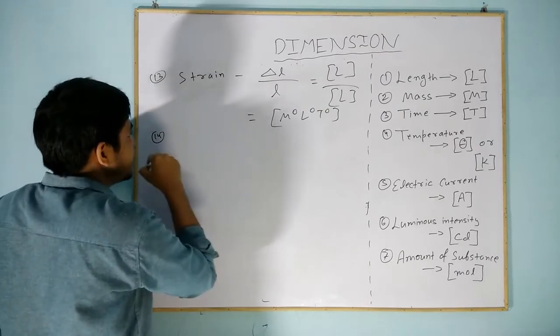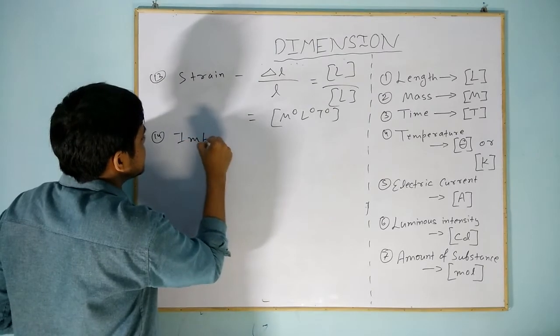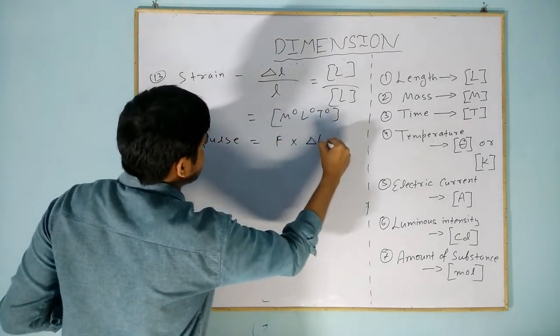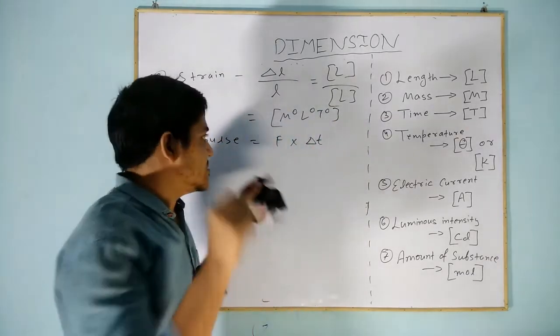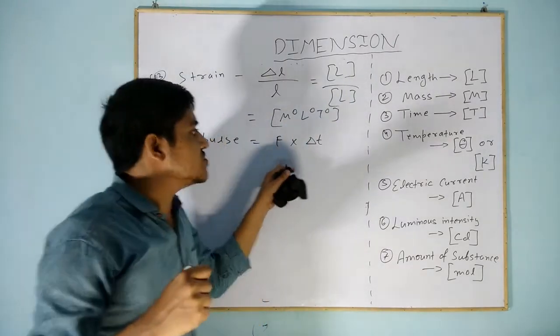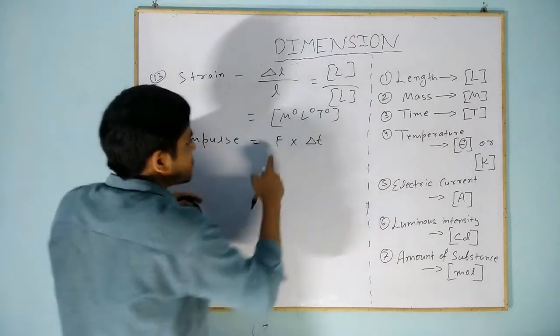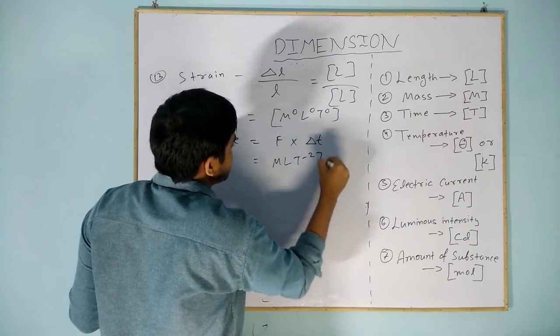Let's take impulse. Impulse is force into the time interval. Delta t is the time interval for which the force acts. Impulse is the product of force and the time interval for which the force is acting. So we would say force has dimension M L T raised to the power minus 2.